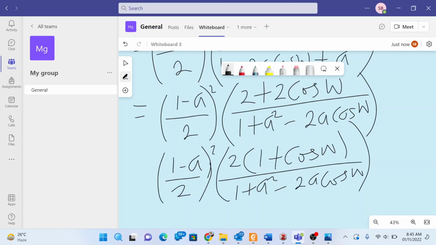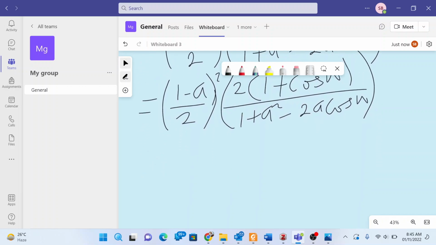And when these two cancel, at this point you still have another 2 left there. So this is going to be 1 minus a squared all over 4, and this is 2 here.